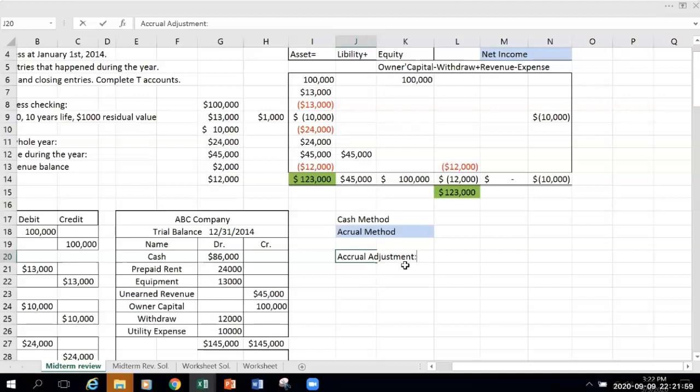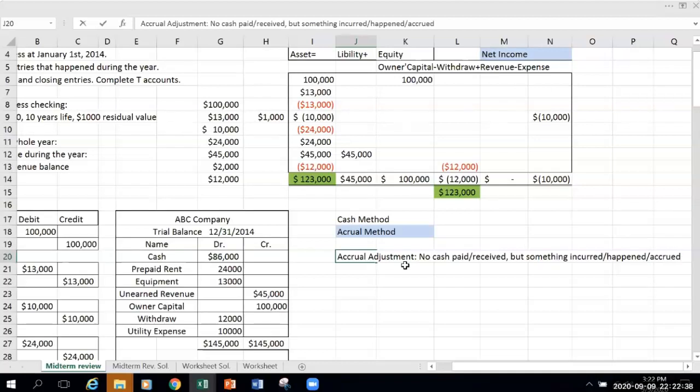Accrual adjustment is an adjustment where no cash is paid or received, but something incurred, happened, or accrued.